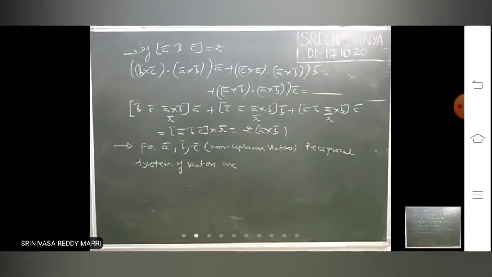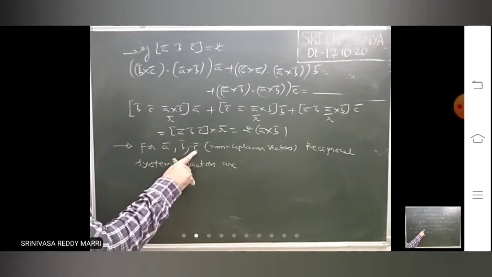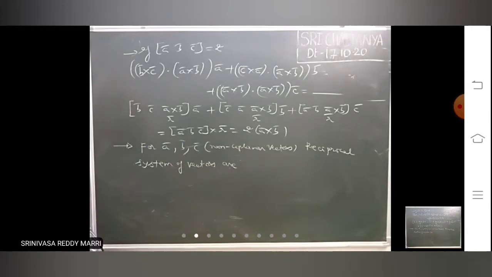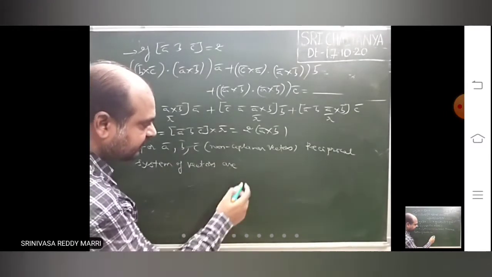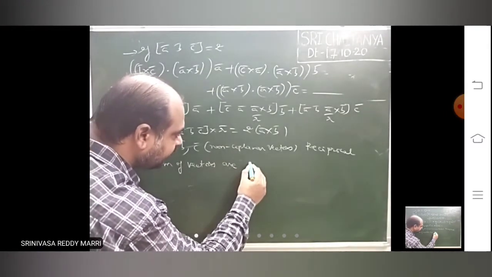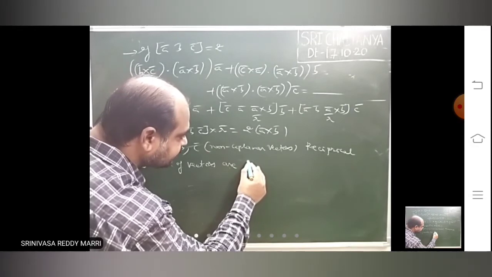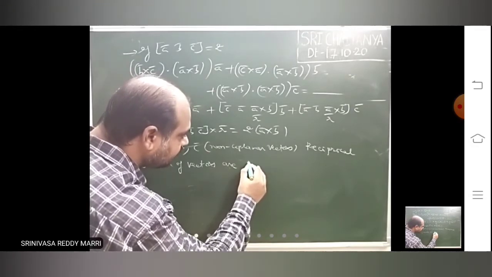Reciprocal system of vectors of this is one system of vectors. They are non-coplanar vectors. Reciprocal system of vectors are denoted by, let us say, P bar.